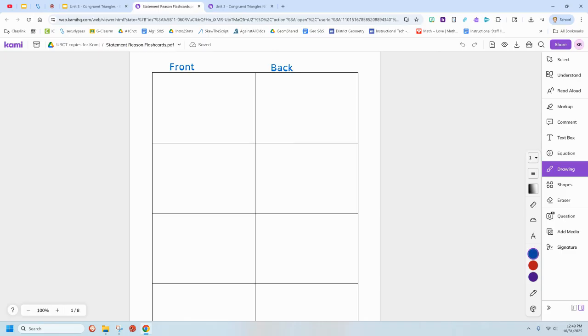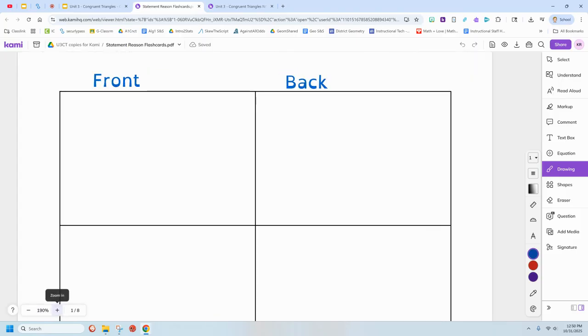I'm going to have this as a running document in the Google Classroom in case you miss a day, and then you might have to do these on your own. If you need more cards, I can get you more cards. Basically, the left side is always going to be the front of the card, and the back side is going to be the thing that we need to remember.